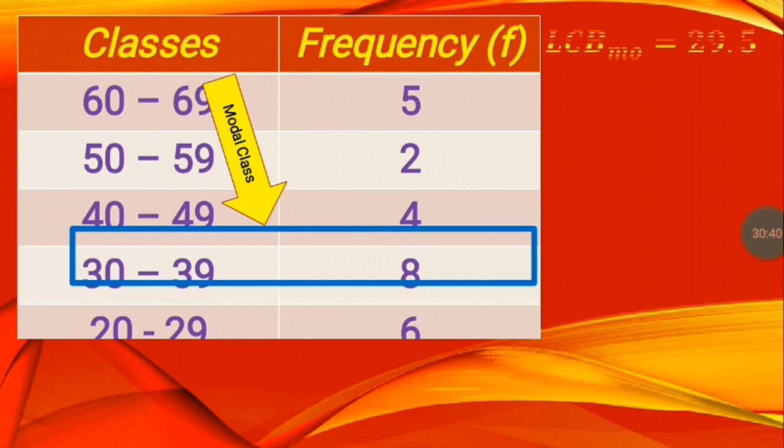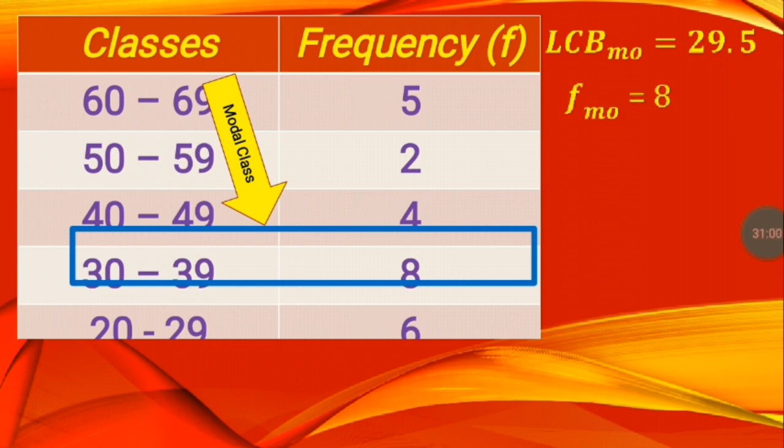Okay. Then now, the lower class boundary of the modal class, as I've told you, the same is true for the median. We're just going to subtract 0.5 from the lower class boundary. So that's 30 minus 0.5. That gives you 29.5.